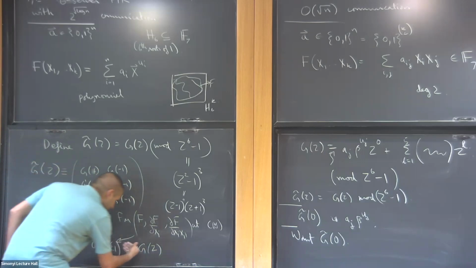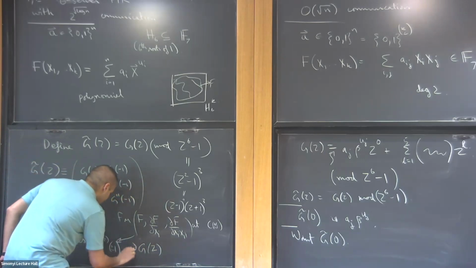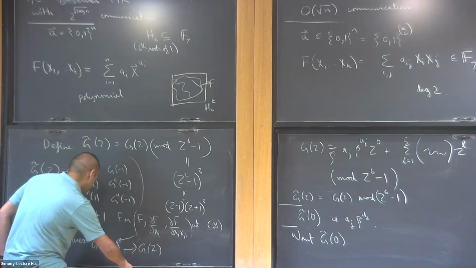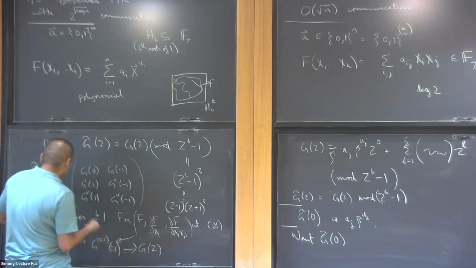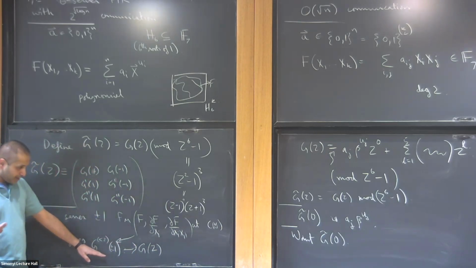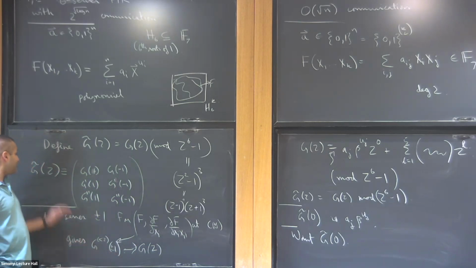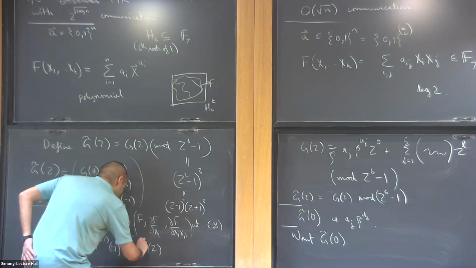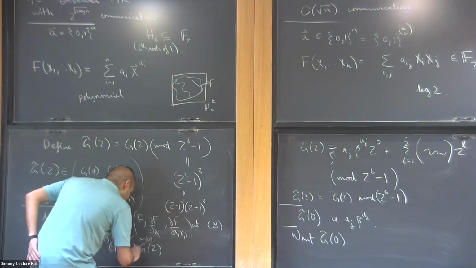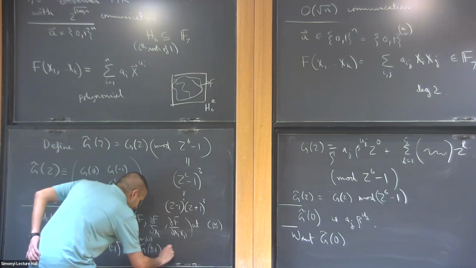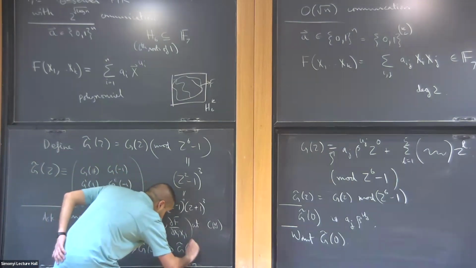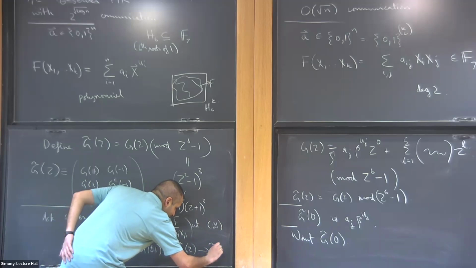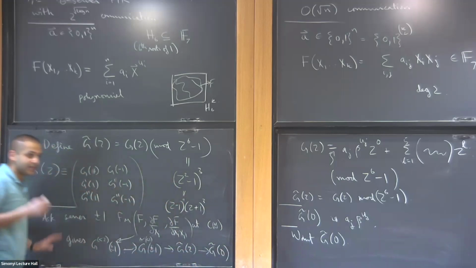This gives you G, right? And G's low order evaluations at plus or minus 1 are exactly the same as G tilde's low order evaluations at plus or minus 1. So I guess this gives you G tilde at order less than 3 at Z equals plus or minus 1. And this gives you G tilde of Z, the whole polynomial.